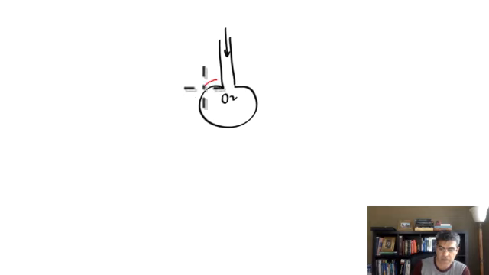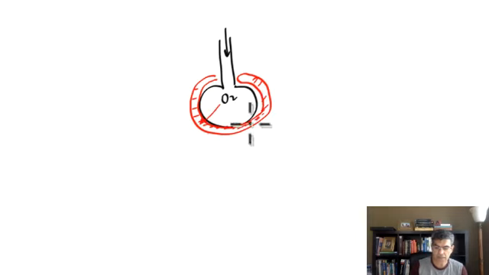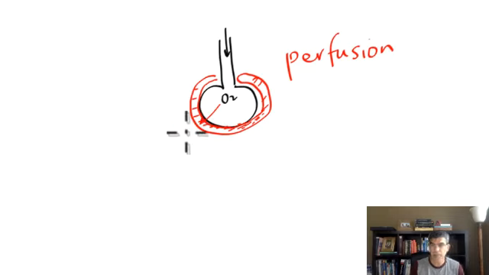That means surrounding the alveolus, I have to have blood here, so then oxygen can get inside the blood. If there is no blood here, when the oxygen comes, where is this oxygen going to go? So I have to have a good perfusion. It's called perfusion.